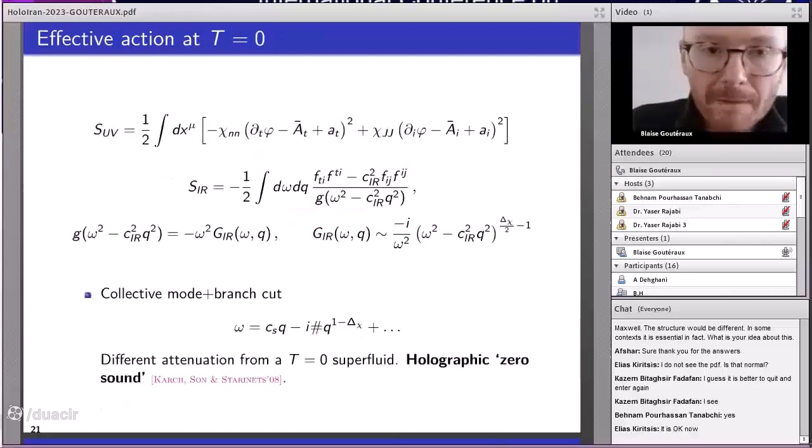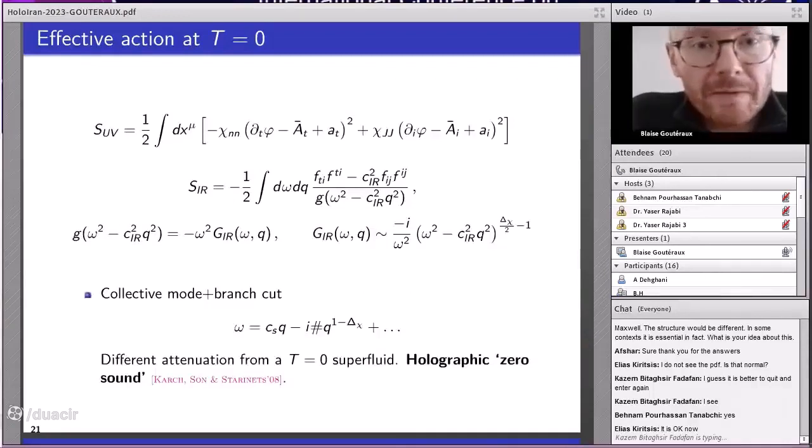Now at zero temperature we can do the same calculation again in order to resolve what's going on there, and we find an action which looks pretty similar for the UV part. The infrared part is a little different. Now we still have a non-local emergent kinetic term, but the gauge coupling has a slightly different form.